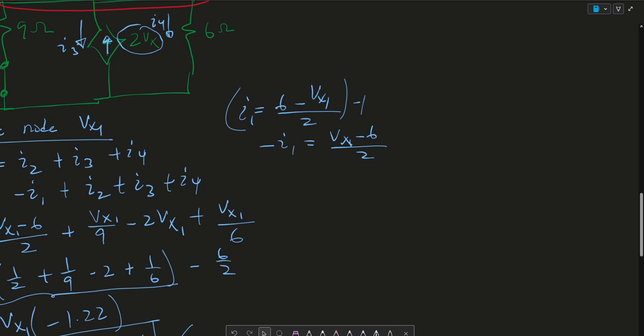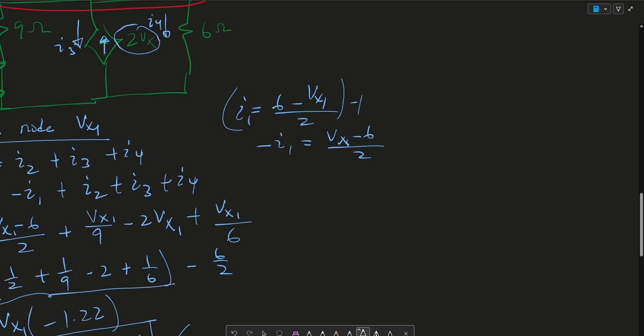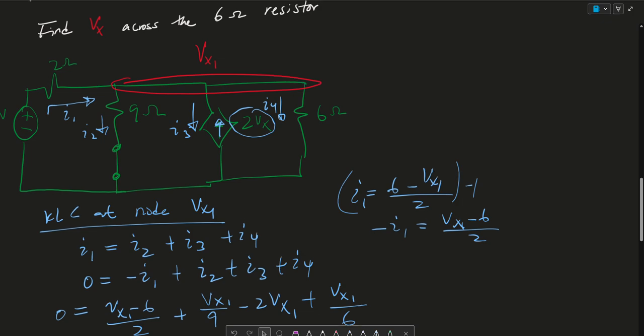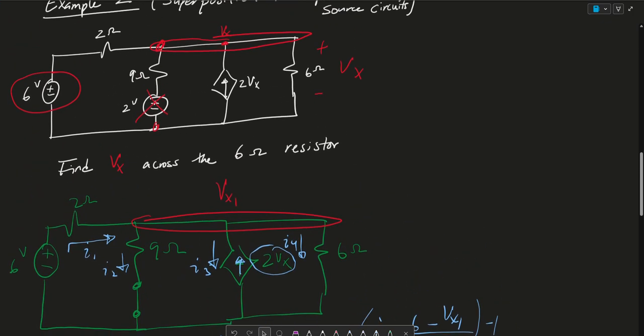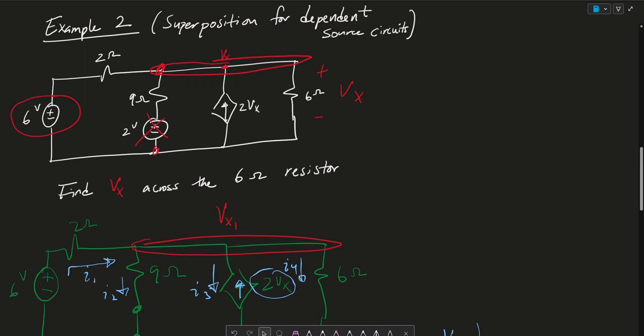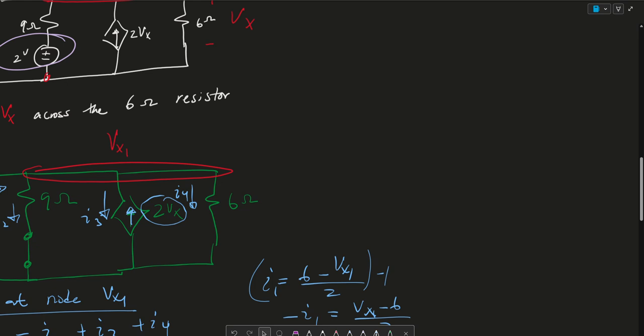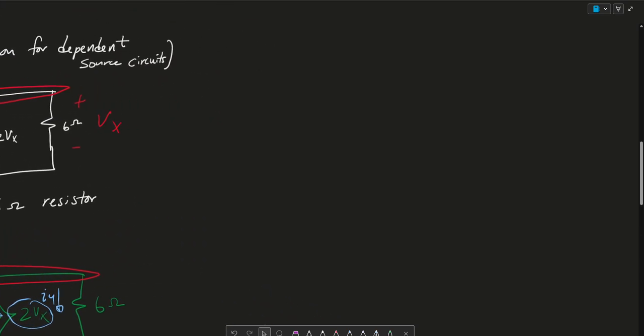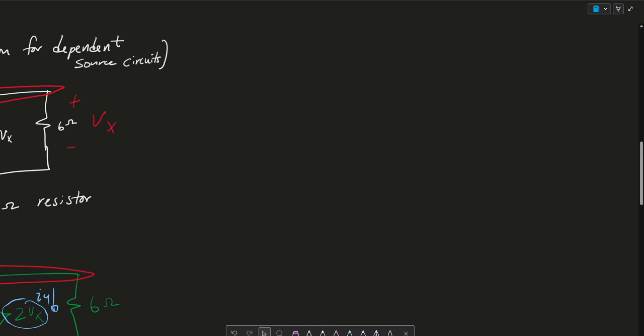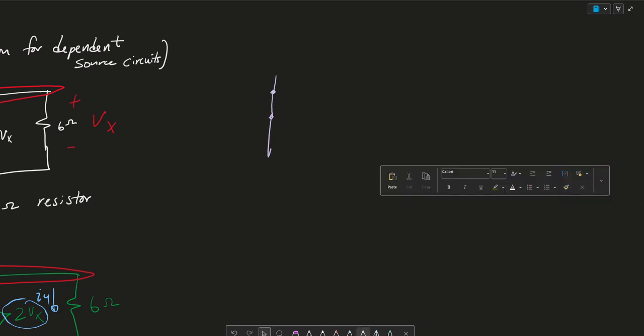So the next thing we want to do now is find our Vx2, when essentially this is short circuited and this is the only power source. So let's go ahead and do that right here. And what you get is something that looks like this. So this is short circuited.